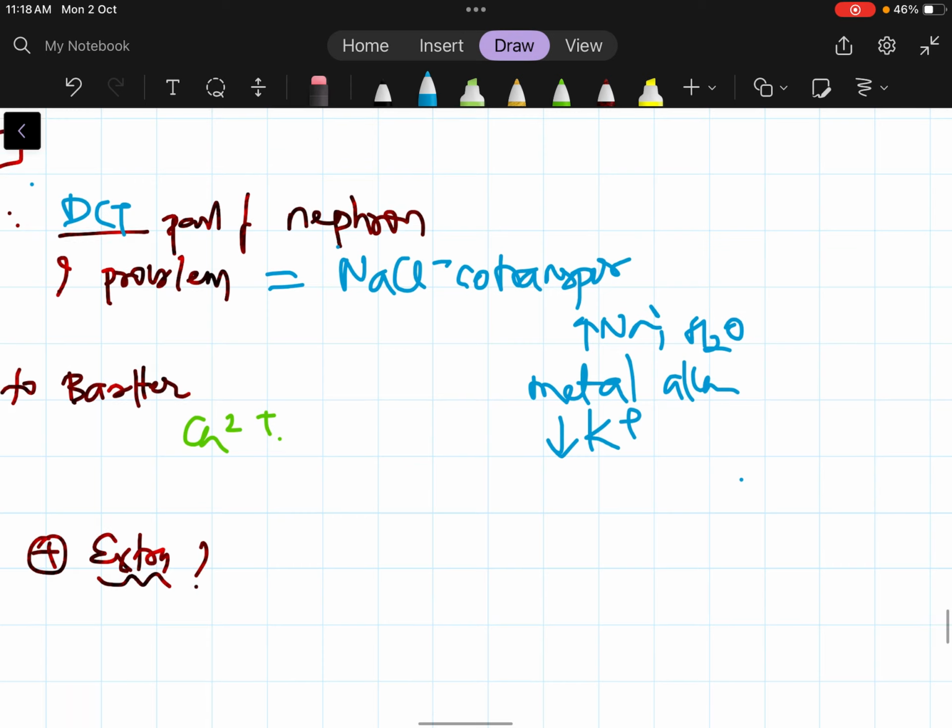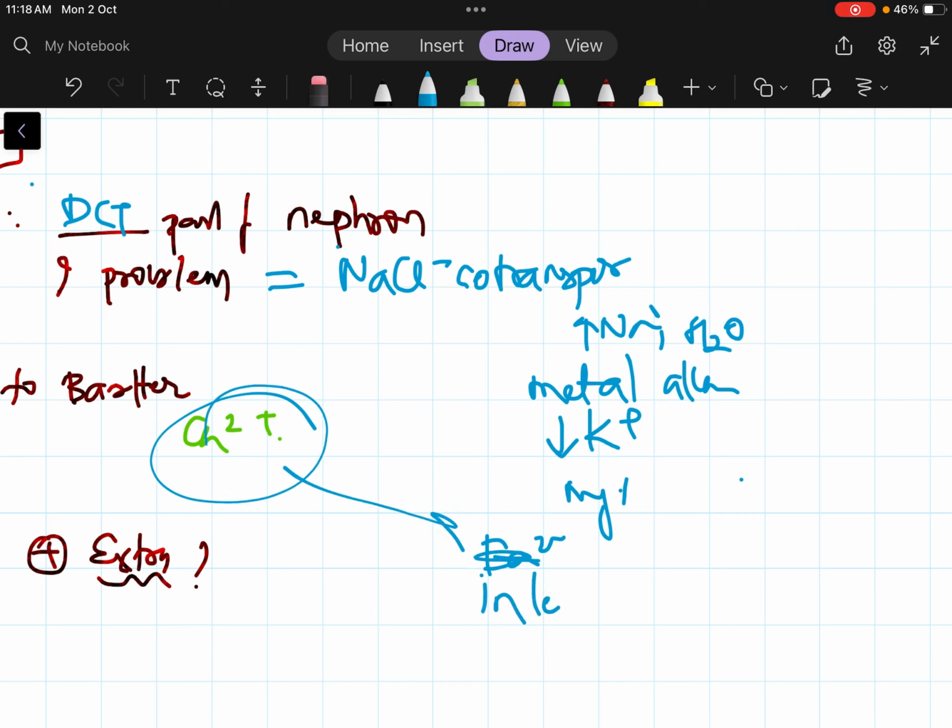hypokalemia. Also, there can be hypomagnesemia, but calcium in urine is less, that is hypocalciuria.